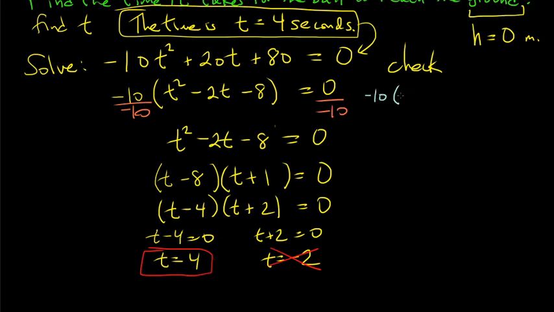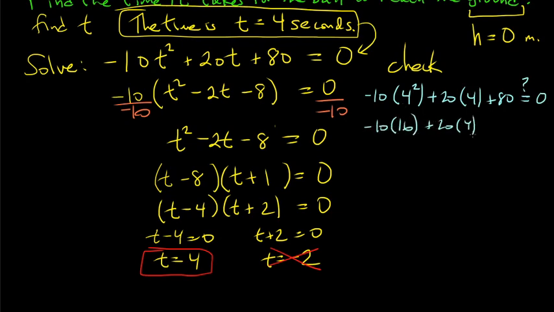So negative 10 times 4 squared plus 20 times 4 plus 80. Does that really equal 0? All right, 4 squared is 16, so this is negative 10 times 16 plus 20 times 4 plus 80. So that's negative 160 plus 80 plus 80.